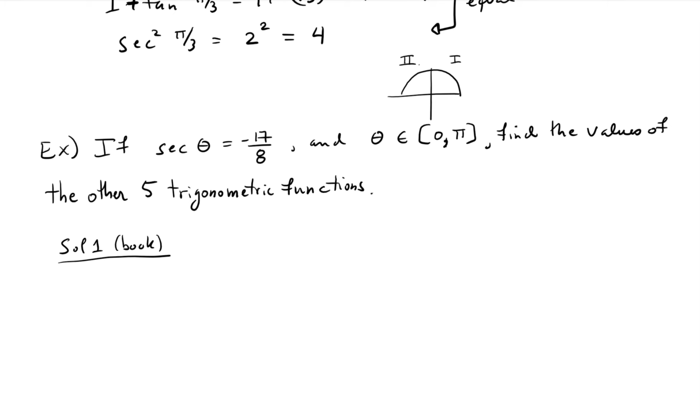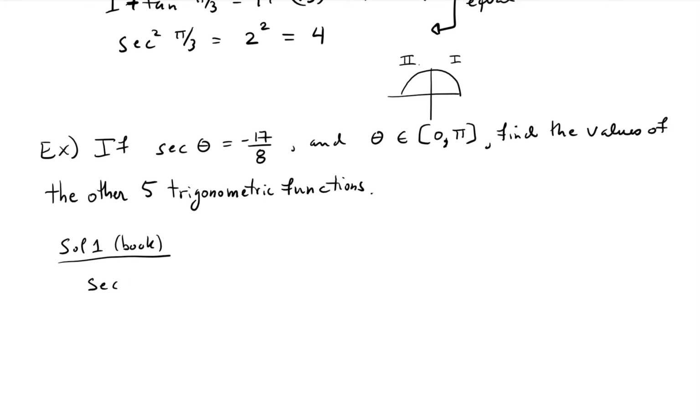So the idea is that the trig functions, whether it's tangent, cotangent, secant, cosecant, they're all related to sine and cosine. So the first thing you want to do is try to find what sine and cosine are equal to. So secant will give you access to cosine, because secant is 1 over cosine.